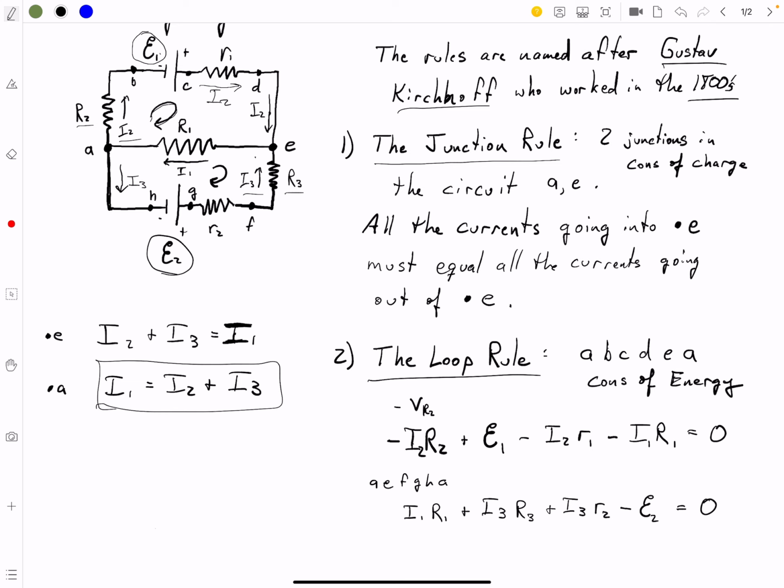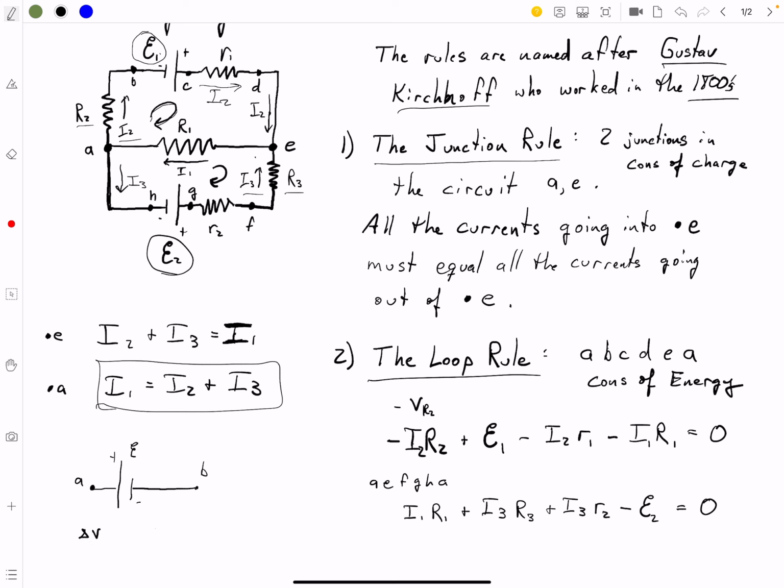Now we can get into the algebra of all of that after. These are just the rules, and I'm just explaining the rules to you. So the other rule, when we're going this way, here we are, we've got our point A, and we're going to point B. So here's our minus, here's our plus, here's our EMF.